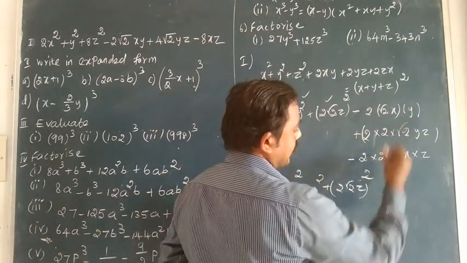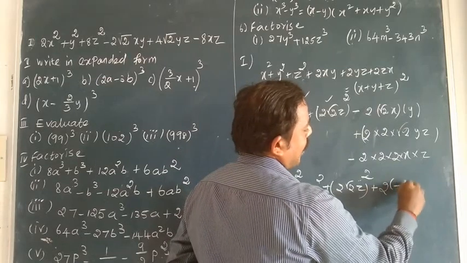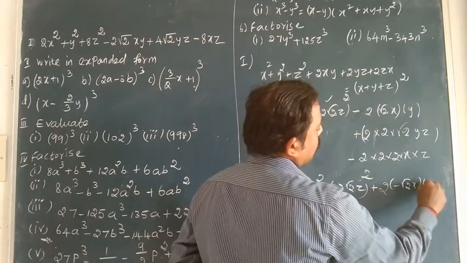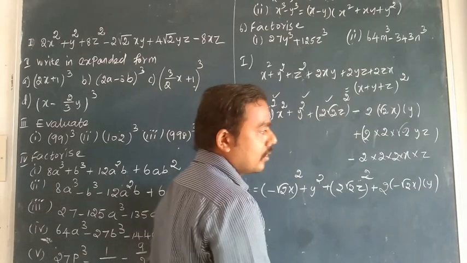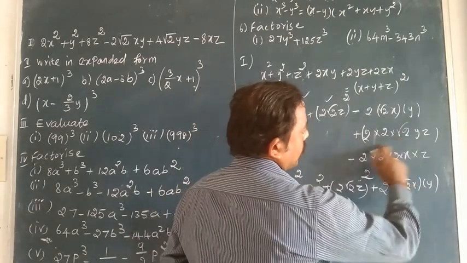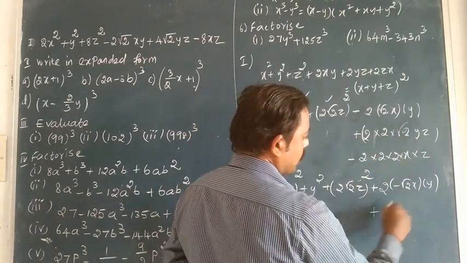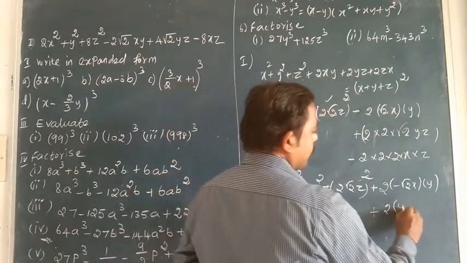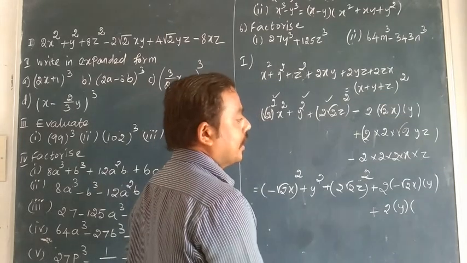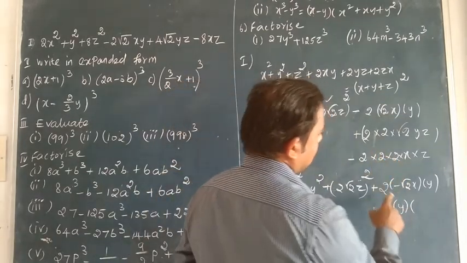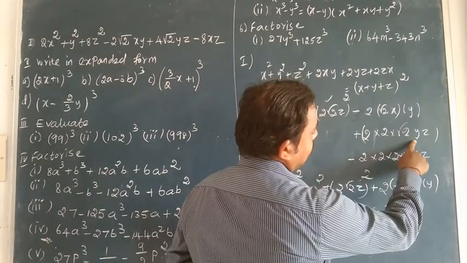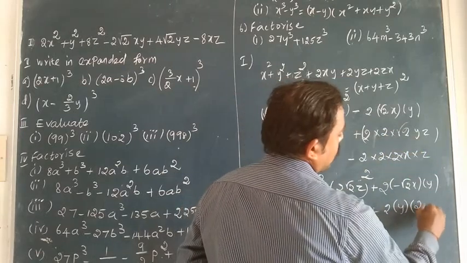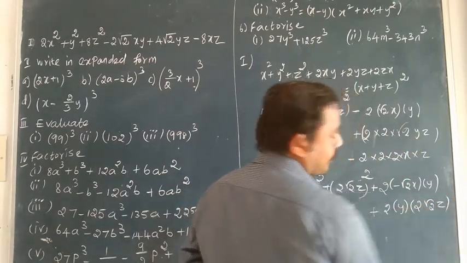So plus 2 into minus root 2 x into y. Here also I am not going to introduce any minus. So plus 2 into y in the place of y, and in the place of z, except this y, we have 2 root 2, so you can write 2 root 2 into z.